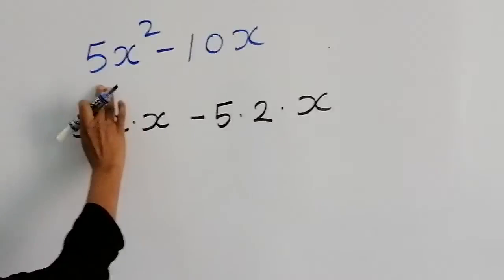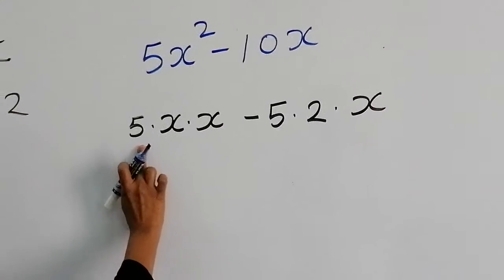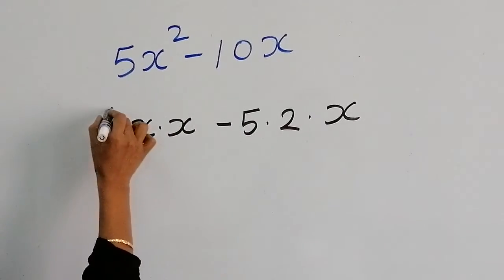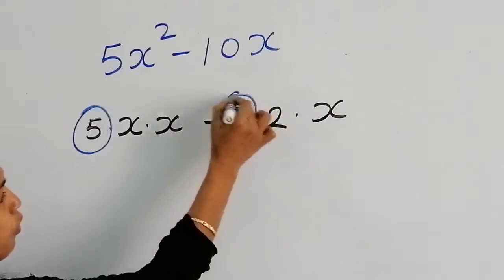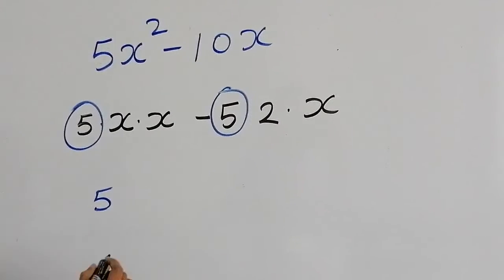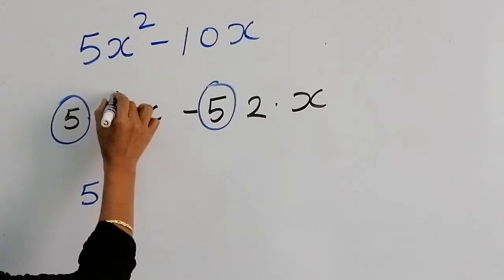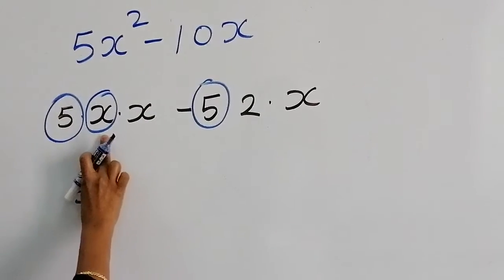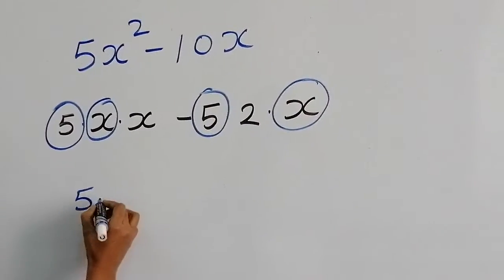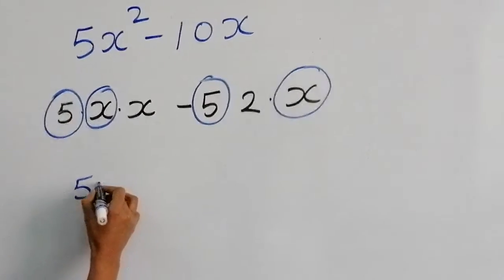Here we have to take the common factor. What is common in the first and second term? You can see 5 and 5. That means 5 is common. Again, look at the variable. You can find x here, and here also you can find x. So 5 and x are common in both terms.